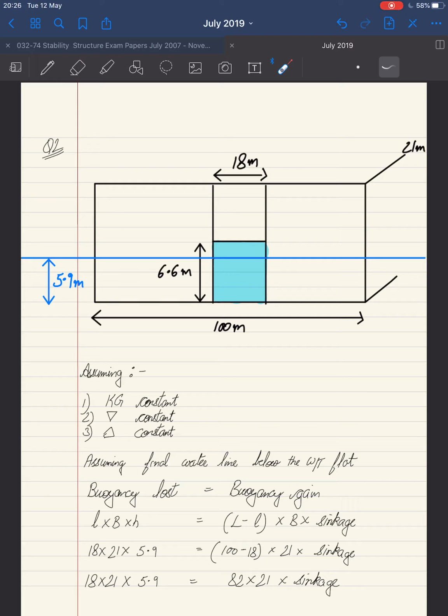Now this lost buoyancy will be gained somewhere on the vessel. If the final water line lies below the watertight flat, as we assumed, this part would be the gained buoyancy part from here till here.